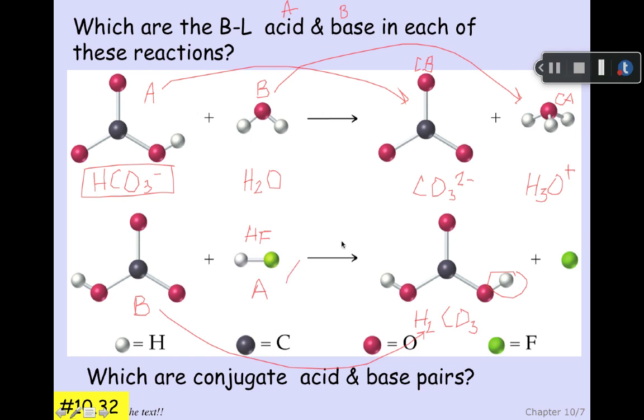The HF is an acid that turns into the fluoride ion, namely its conjugate base. Another pair of conjugate acid-base conjugates. Now we will use these to think about amphoteric species. And I'll jump to another slide here.